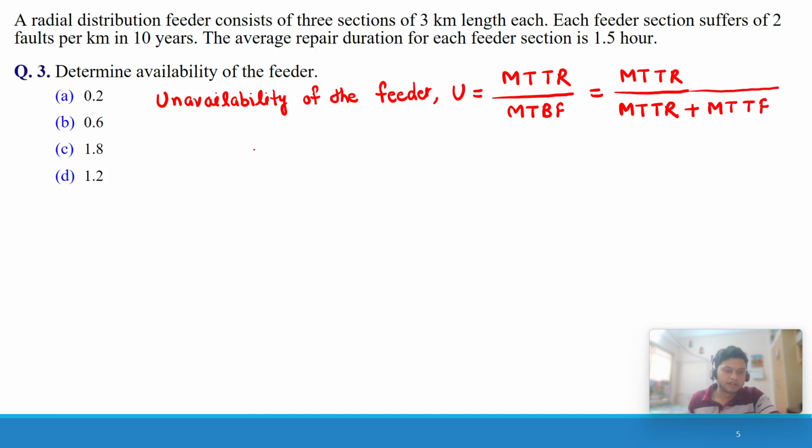Here I am finding it for the whole system, so I can write that the mean time to repair is R bar series, and then R bar series plus the mean time to failure, M bar series.